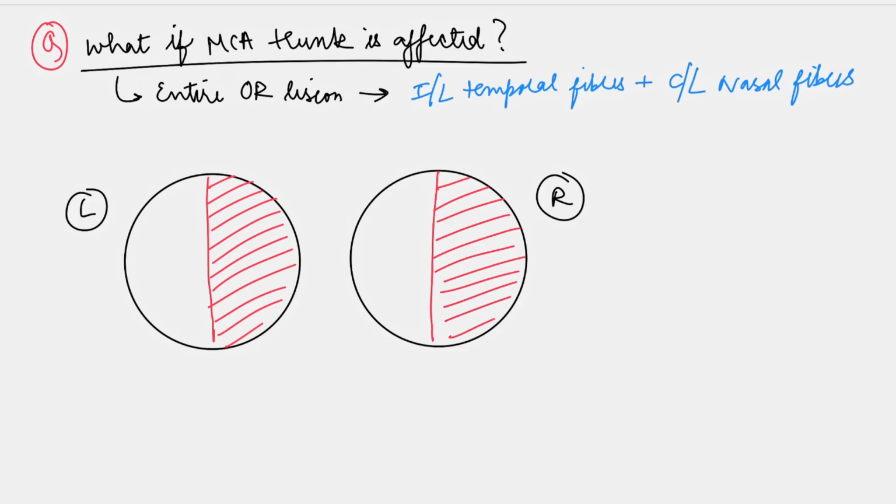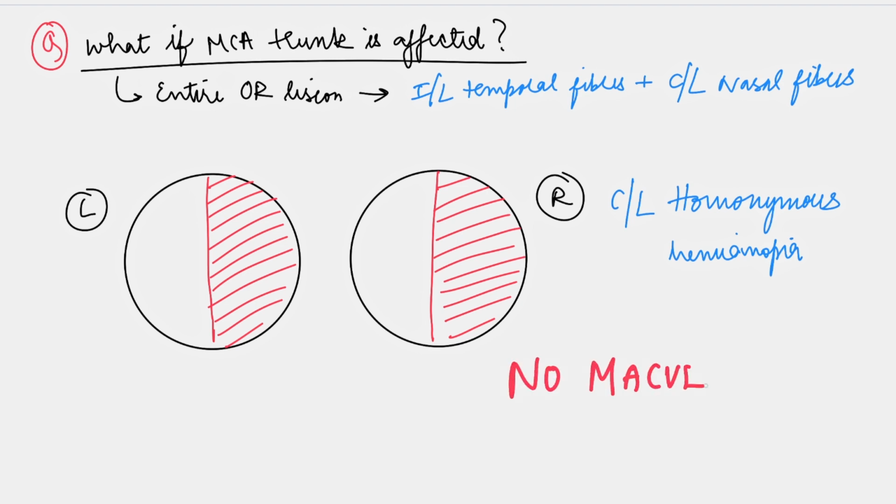But what is different here? As I said, you'll have contralateral homonymous hemianopia. The difference here is there is no macular sparing.